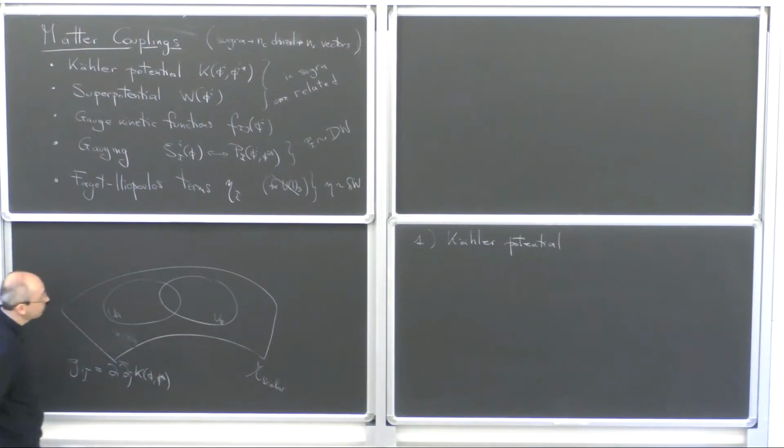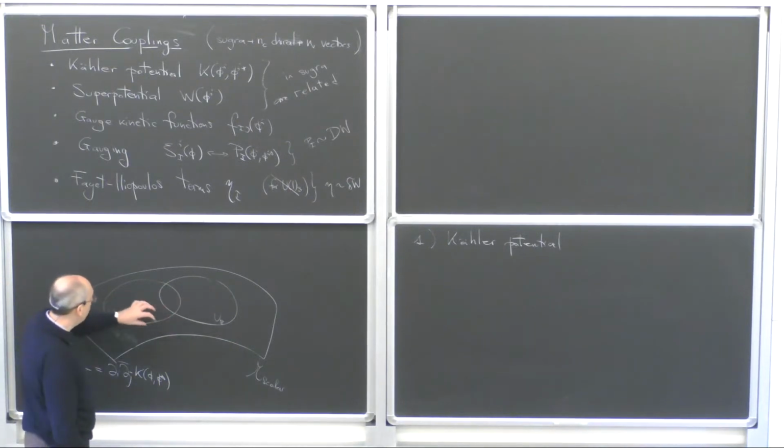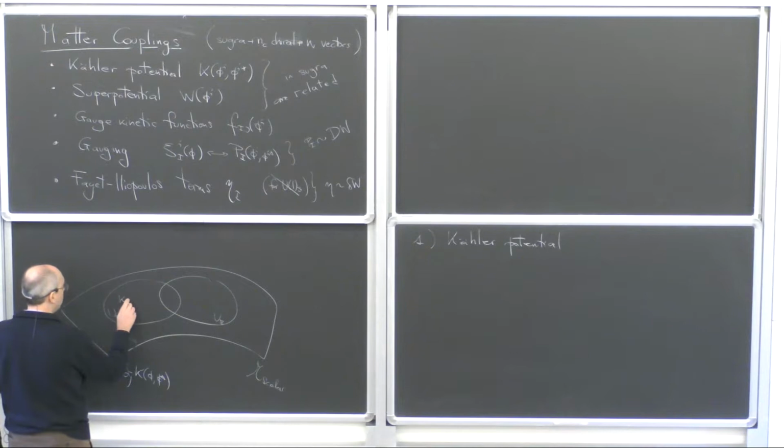Okay, let's take two open sets, open set A and an open set B, and in each of these, you might also have a different expression for the scalar potential.